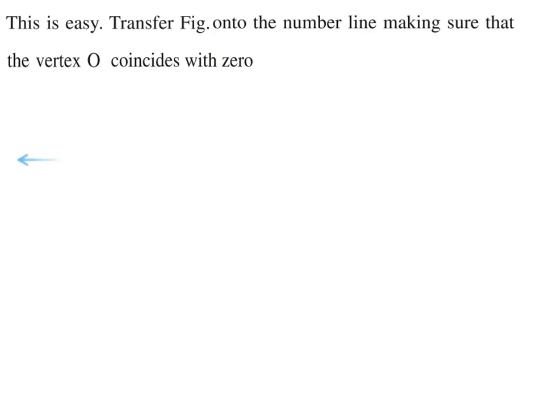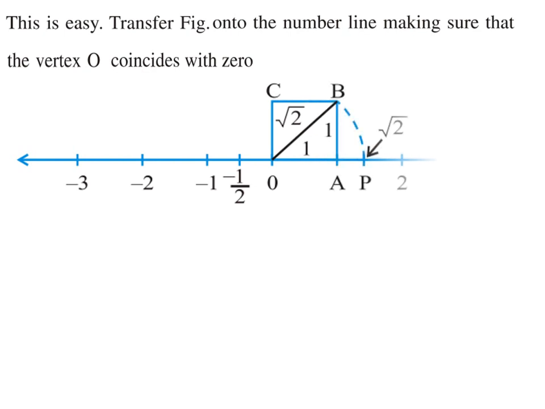I am making the diagram; it will look like this. As we can see, the vertex O coincides with point O. I am putting the point P, as you can see here, which will show root 2 on the number line. But how this will come, we will discuss now.